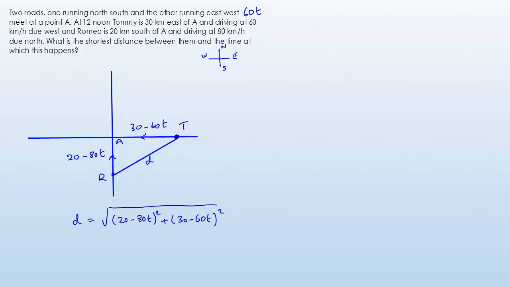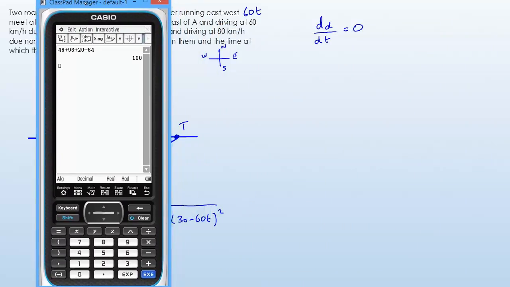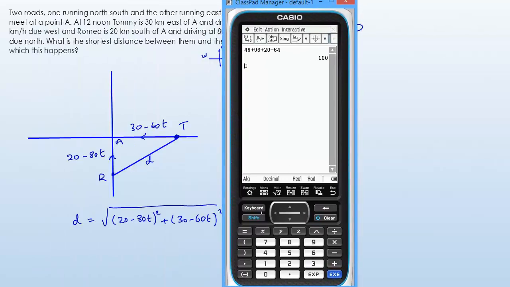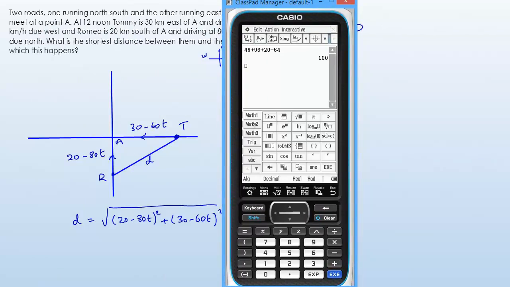Now, for this sort of question, it's really likely you're going to have the calculator available to you. So we want to have dd/dt equal to 0. And so we want to solve for that. So let's go and find that.